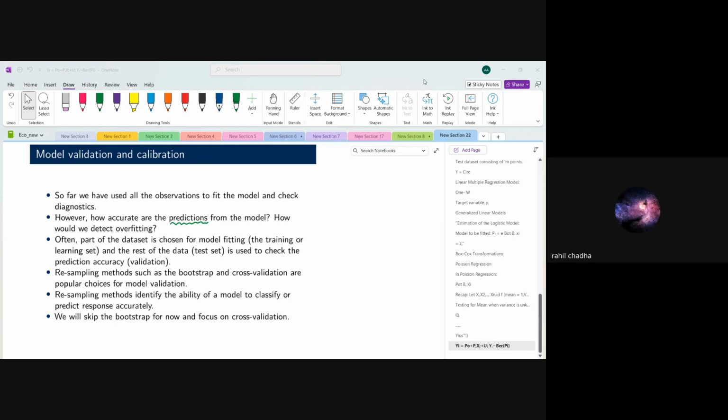So the model that you have already built should be able to give good predictions for this new client. Only then can you say that your model is useful or meaningful. So model validation is a different exercise altogether, Rahil. So far what we were doing was model building, how to build it, what should be the methodology, how to assess whether the model has fitted properly or not.